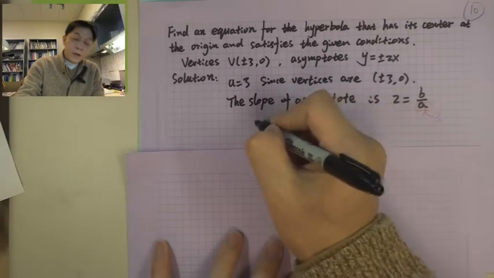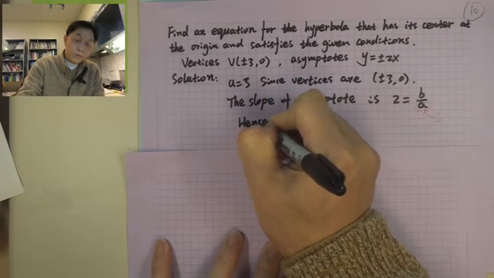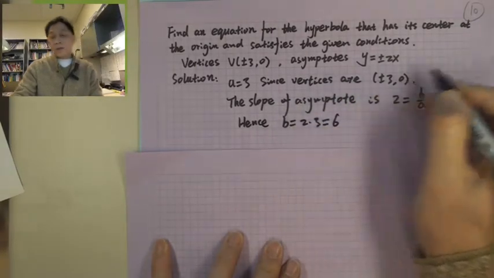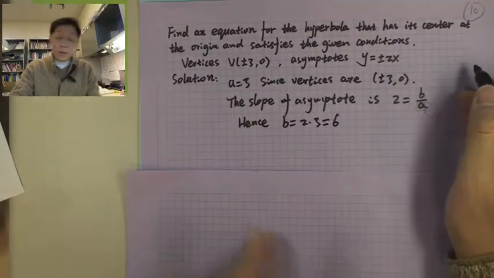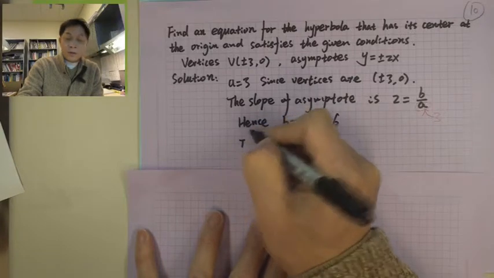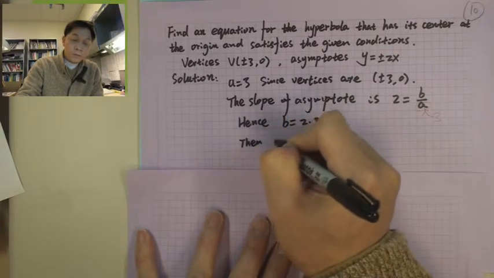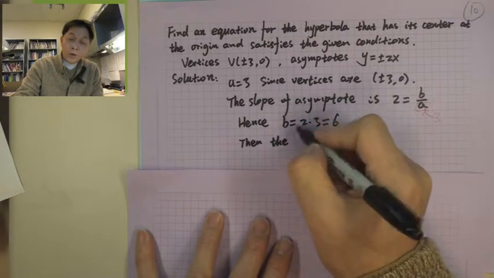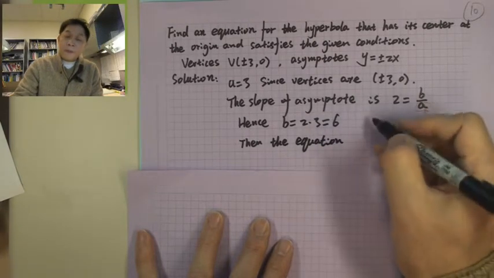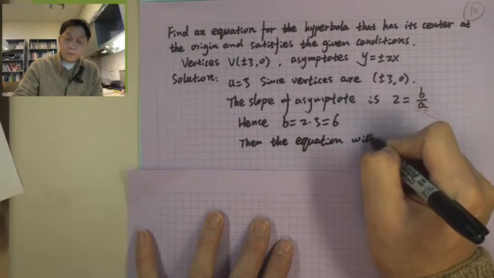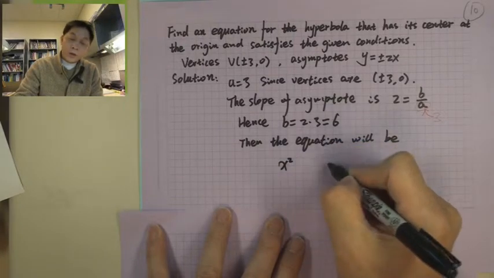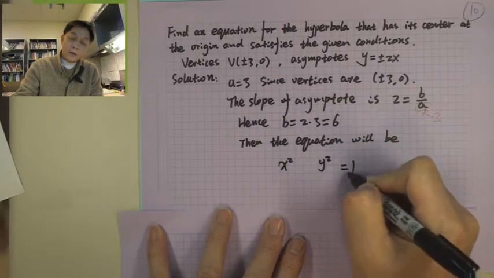Hence, b equals 2 times 3, which is 6. Now you have a and b, so the equation will be x squared, y squared equals 1.